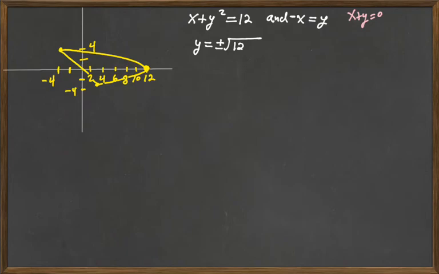So you're going to get y equals plus and minus the square root of 12 minus x, okay? And so we got two functions there. So the positive square root of 12 minus x is going to be the upper half of the parabola portion, and then the negative square root of 12 minus x is going to be the lower portion.